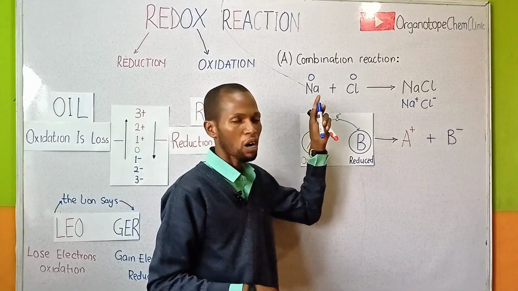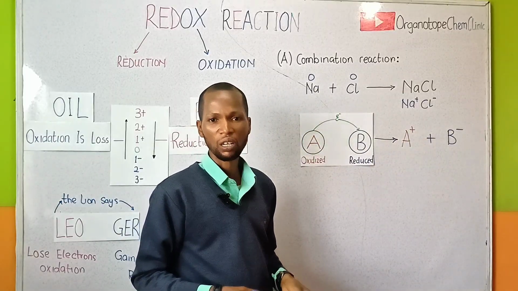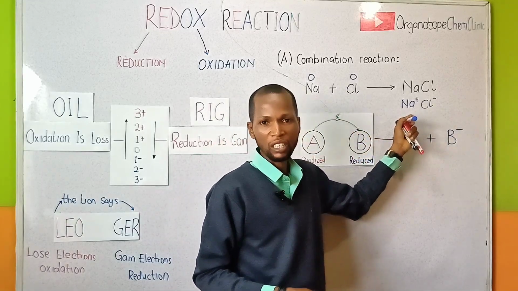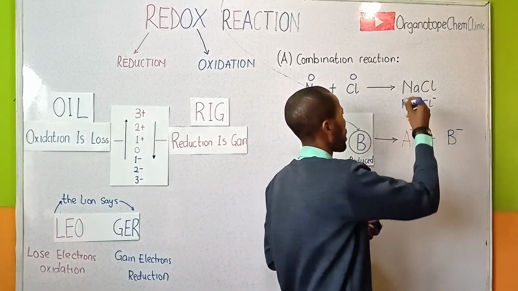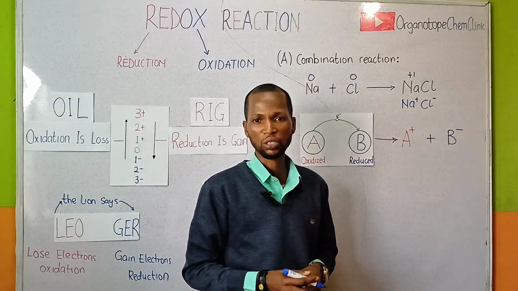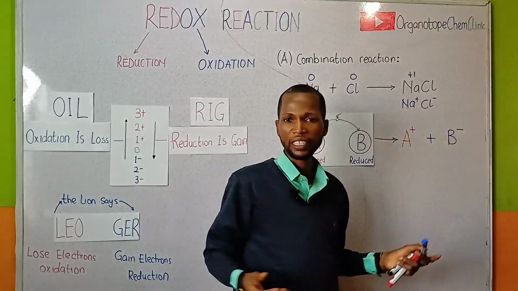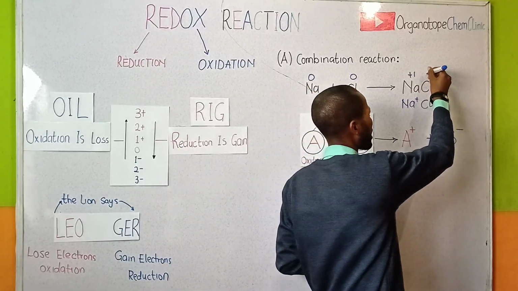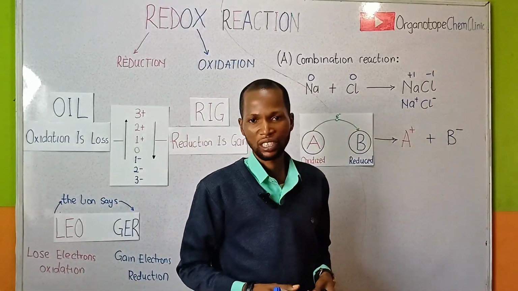The sodium atom donates 1 electron to the chlorine atom, and the sodium becomes Na+ in the process. Therefore, we have a positive 1 oxidation state for the sodium, and the chlorine that accepted 1 electron from it has a -1 oxidation number.